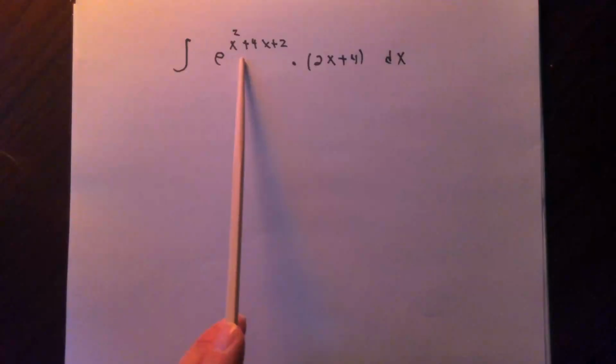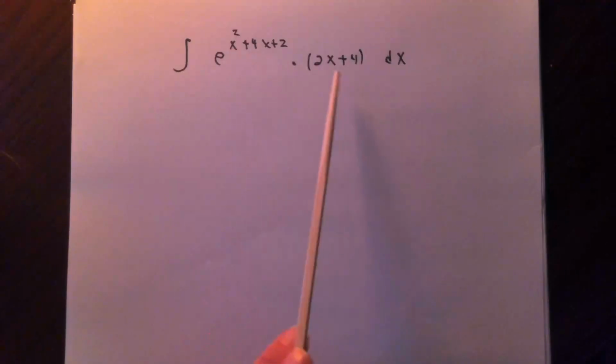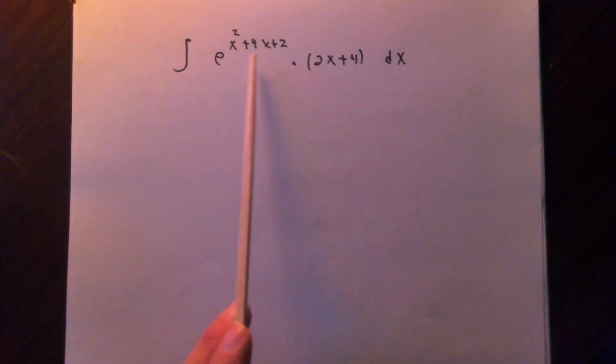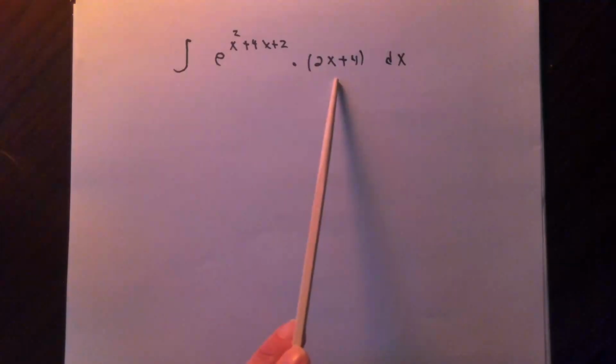It's x squared plus 4x plus 2. But then, fortunately, you have a factor of 2x plus 4 in the integral also. An observant person will notice that the derivative of x squared plus 4x plus 2 is 2x plus 4.